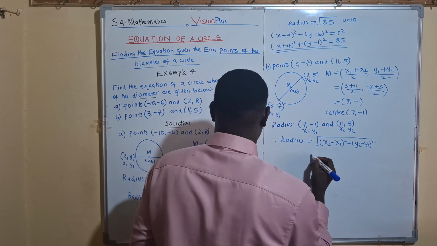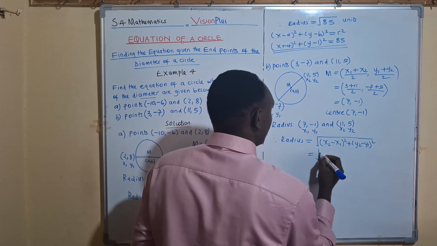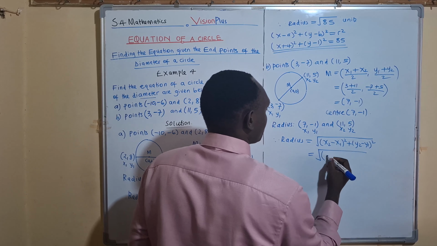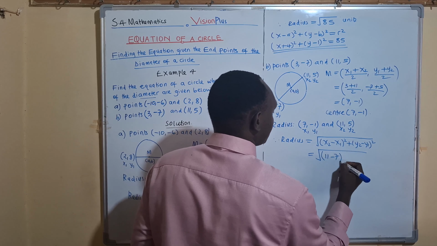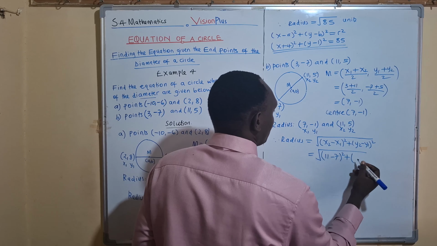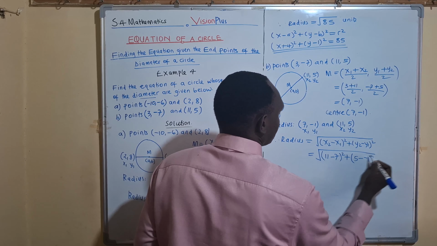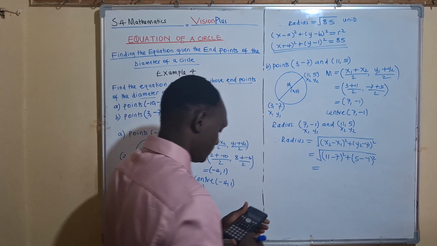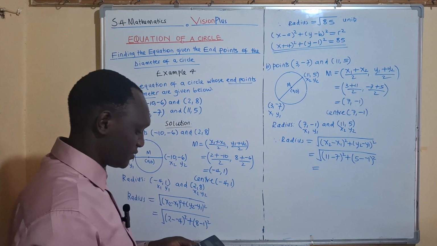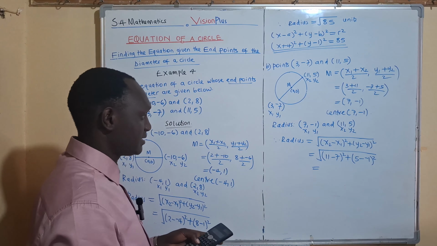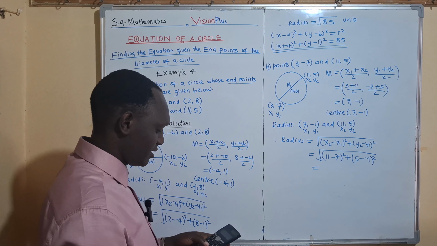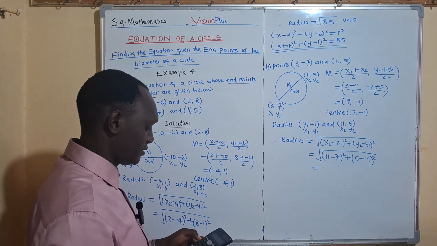Then we substitute, since we have named the points. What is x2? 11 minus 7, squared, plus, what is y2? 5 minus y1, which is -1, squared. Then you use the calculator. 11 minus 7 squared plus 5 minus -1 squared.